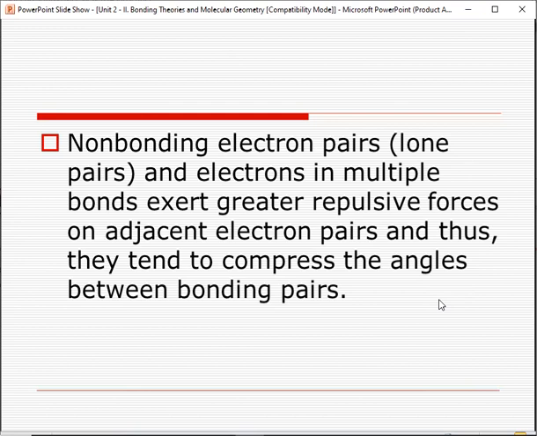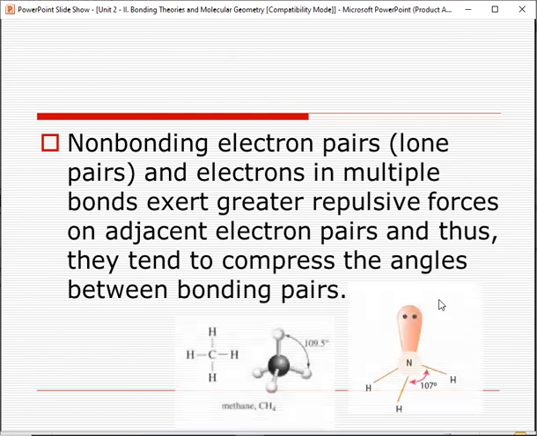That is why the angles are smaller compared to those without lone pairs or multiple bonds. For example, without lone pairs or multiple bonds, the angle for tetrahedral is 109.5. But if it has a lone pair, it becomes less than 109.5, it can become 107 degrees.